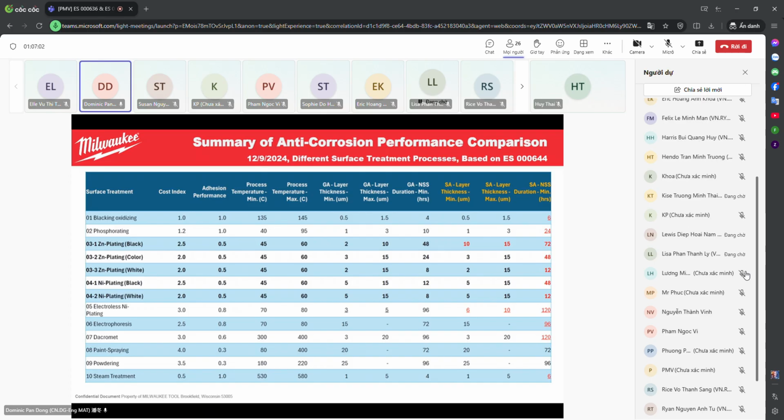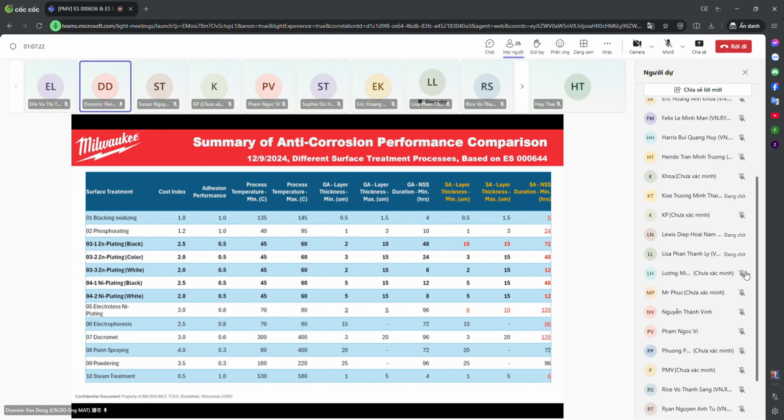After them, we have electrophoresis plating at 96 hours, and then zinc plating, especially black zinc plating, with performance longer than 72 hours.